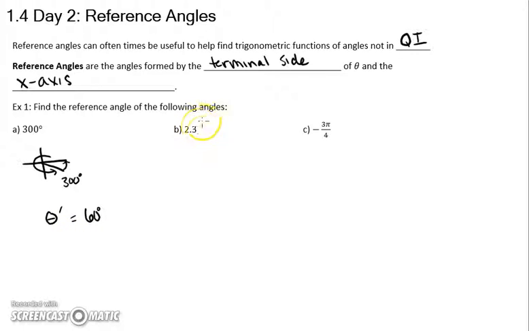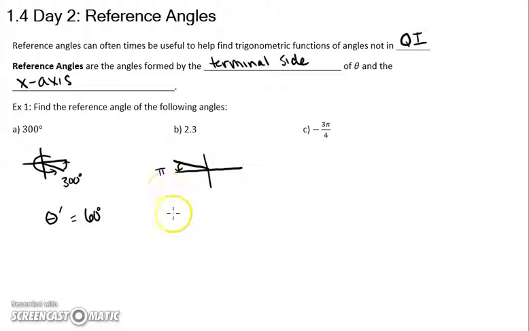2.3. Now notice this isn't 2.3 degrees, it's just 2.3. So we're in radians. We know pi is here. Pi is 3.14, so 2.3 is somewhere over here. So if we're thinking about the reference angle, it is the angle made with the terminal side and the x-axis. So we're looking at this little bit here.